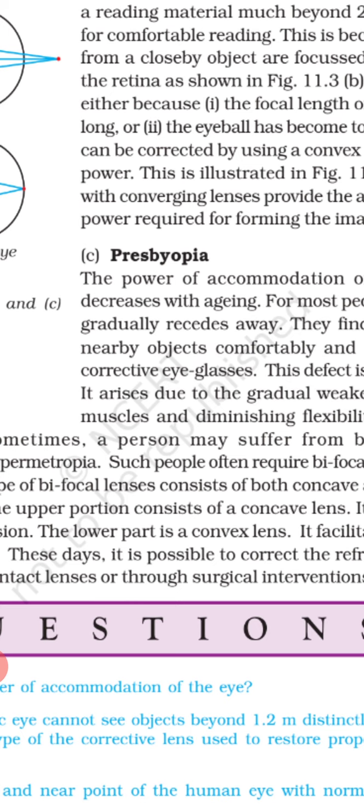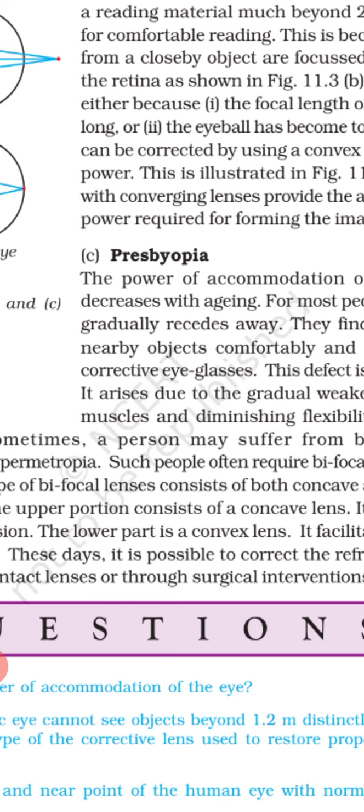The near point of an old person having presbyopia recedes and becomes much more than 25 centimeters. So presbyopia is a hypermetropia caused by the loss of the power of accommodation, and this defect is corrected by using both types of lenses, convex lens and concave lens.